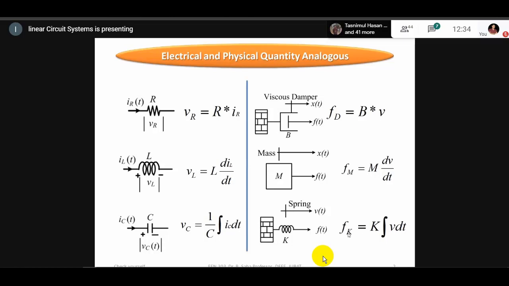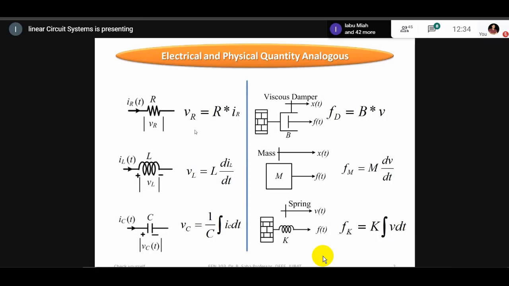In the case of the spring, force equals K integration of V dt. Understand? Any question? I think no question, right?